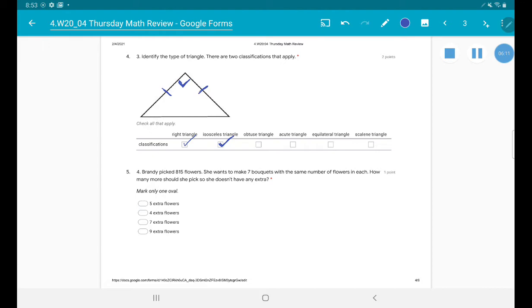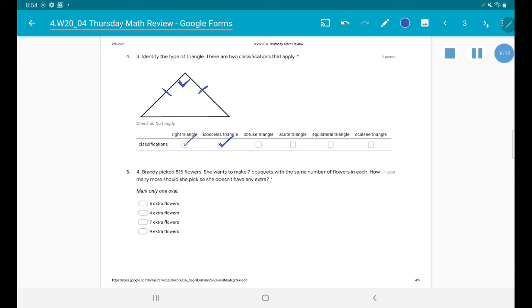All right, let's look at this next one. Brandy picked 815 flowers. She wants to make 7 bouquets with the same number of flowers in each. How many more should she pick so she doesn't have any extra? What am I going to do to solve this, Olivia?